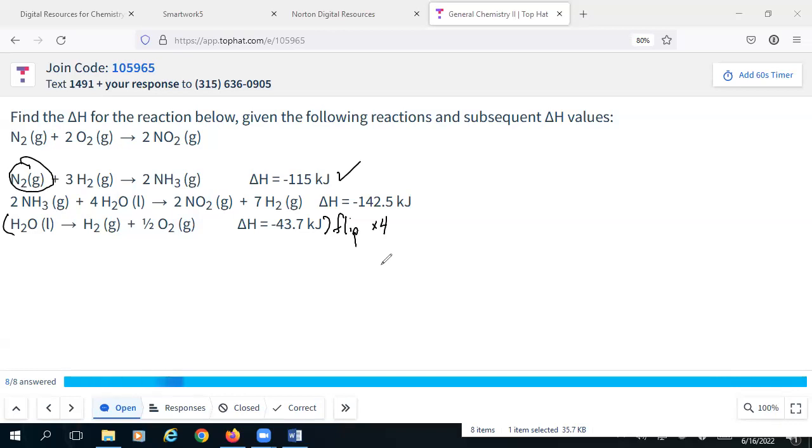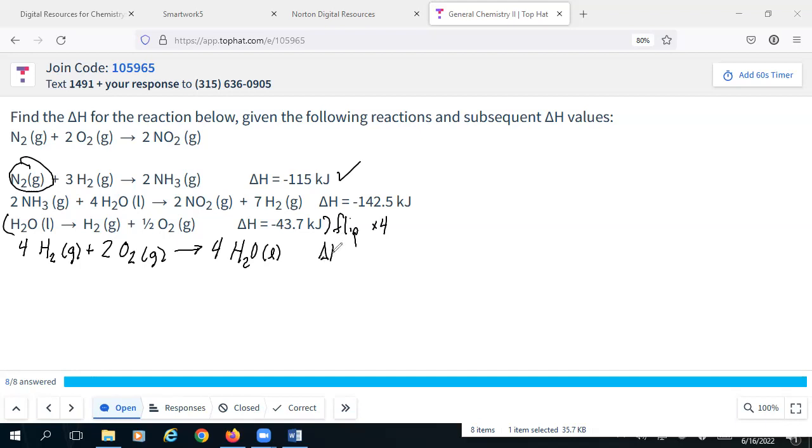And so I'm going to rewrite this properly so that I have exactly what I need. So that's going to be 4 hydrogens in the gas phase plus 2 oxygens in the gas phase, making 4 waters in the liquid phase.